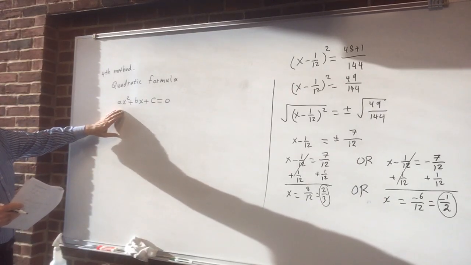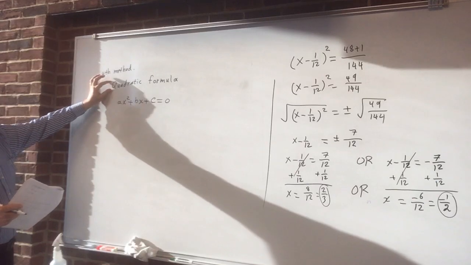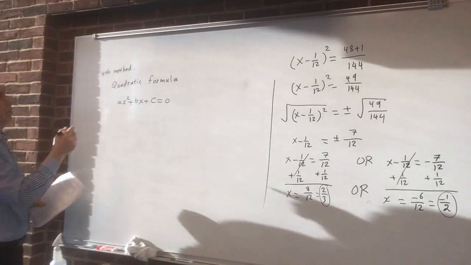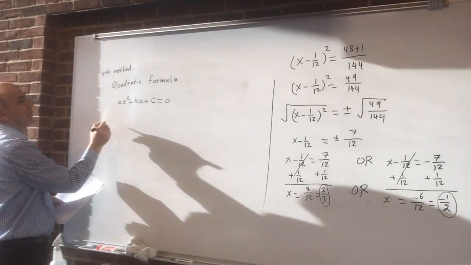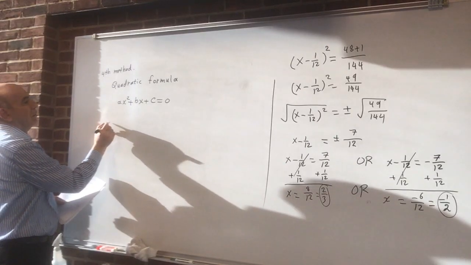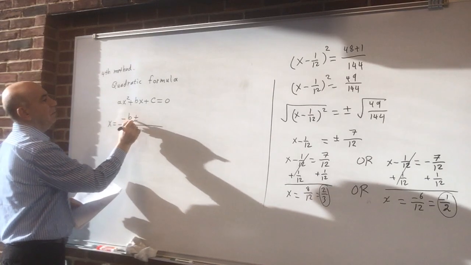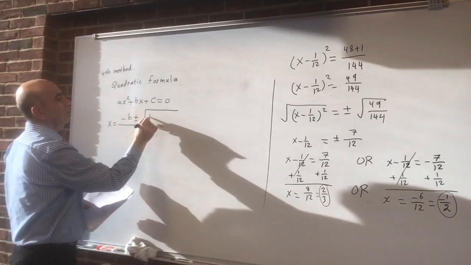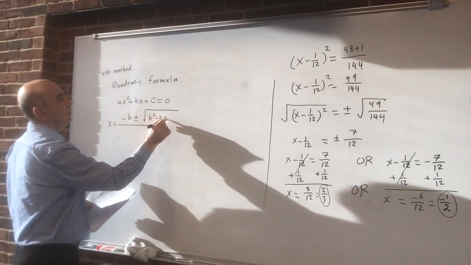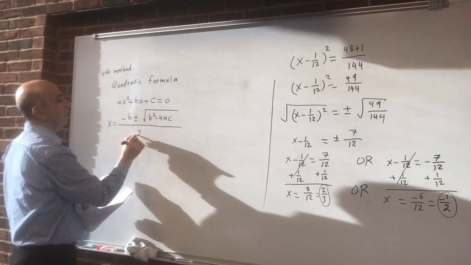So to solve this equation by this method, x equals minus b plus or minus the square root of b squared minus 4ac, over 2a.